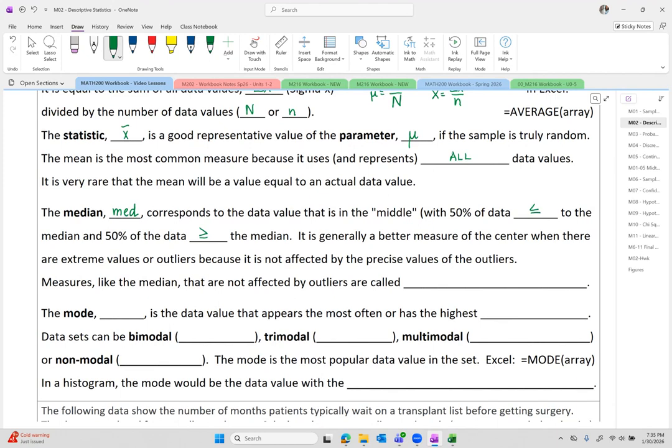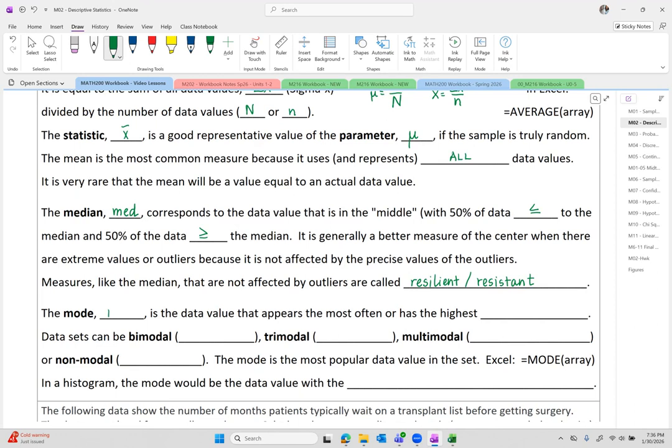Measures like the median that are not affected by outliers are called resilient or resistant. The mean is not one of them. The mean is not resilient.